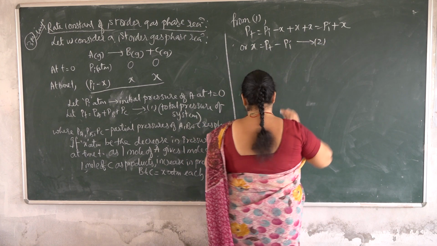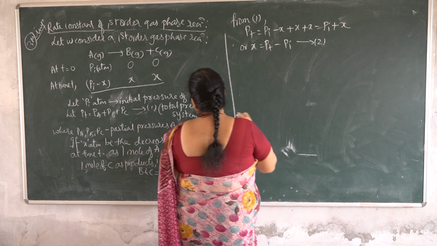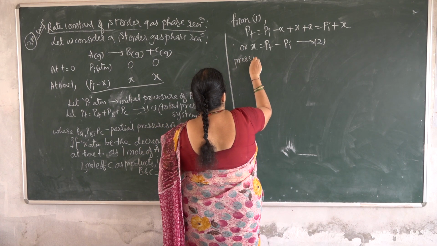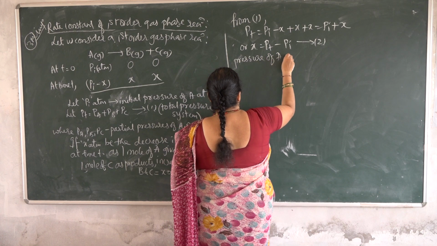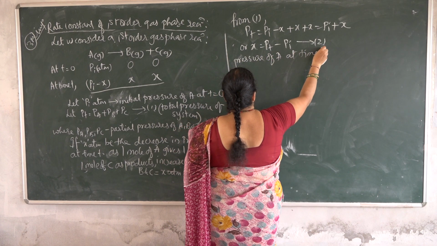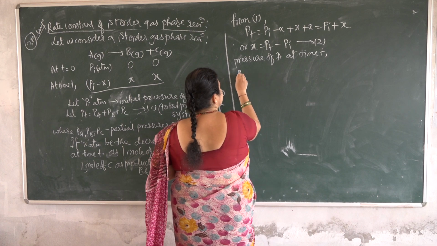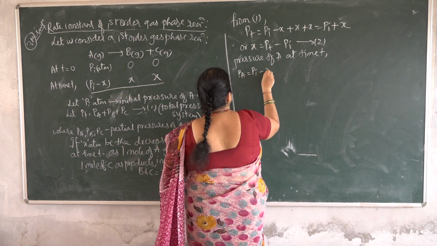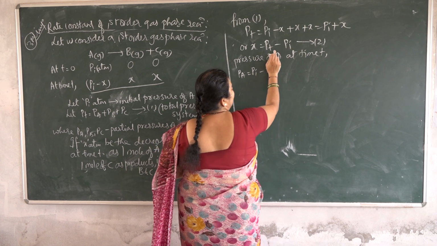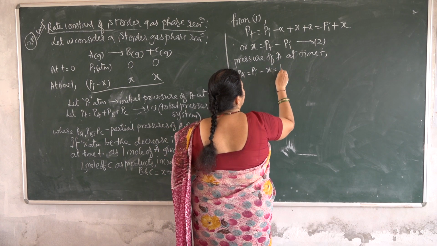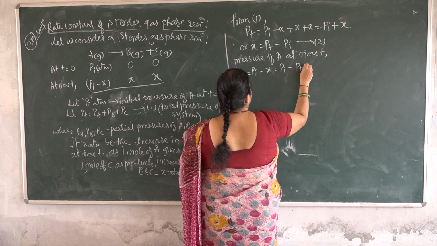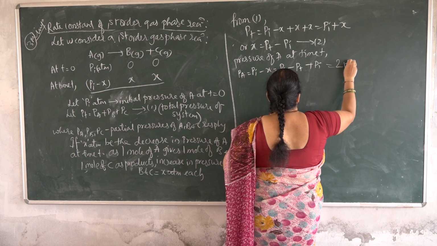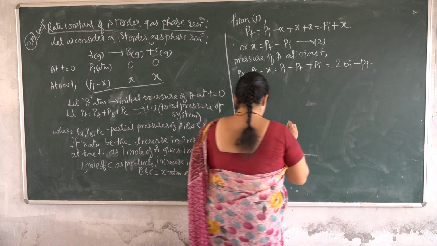Let it be equation 2. So we require the pressure of A at time t. So PA is equal to Pi minus X. Substitute the value of X from here. Pi minus Pt plus Pi, that is equal to 2 Pi minus Pt.